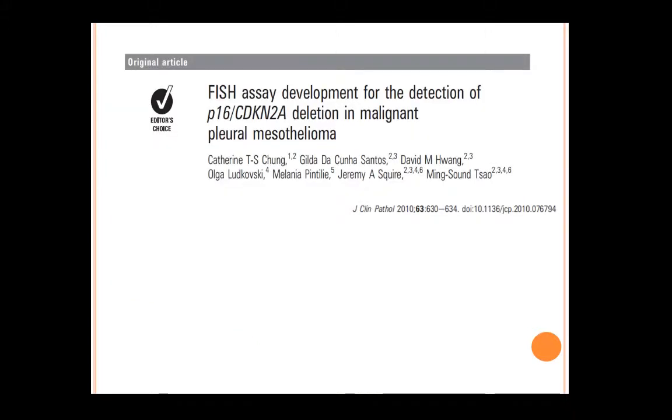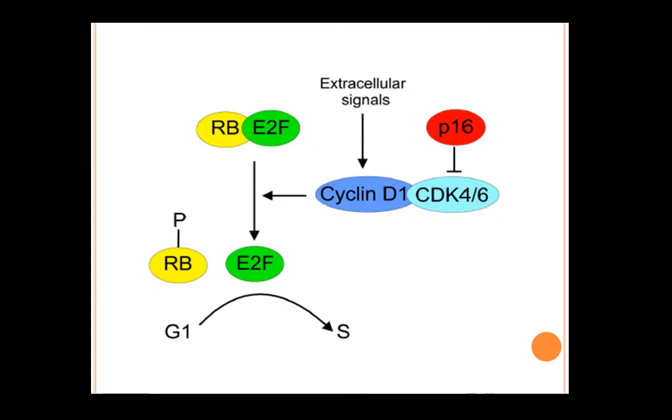P16 is another genetic molecular marker that is used for differentiating between malignant versus benign mesothelial proliferations. As a reminder, P16 is a cyclin-dependent kinase inhibitor. It inhibits the phosphorylation of RB. So in the hypophosphorylated form, RB is active, binds the transcription factors, and blocks the progression of the cell cycle.